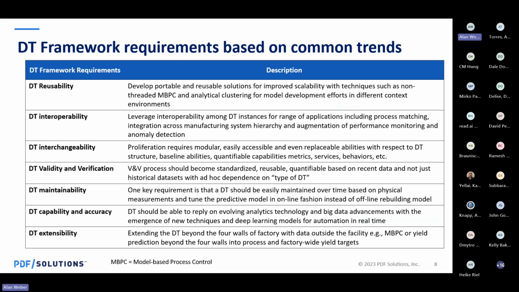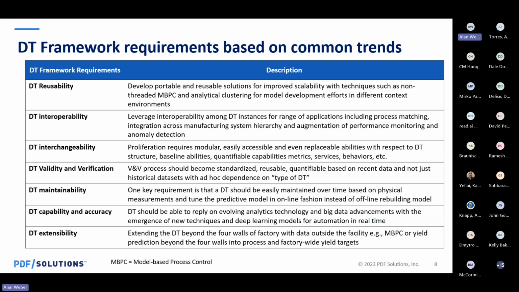So being able to have portable and reusable solutions is key. Interoperability, I'll talk a lot more about later in the standardization process. Again, interchangeability and making sure that this is architected in a way that digital twin boundaries are understood and respected so that it can be a plug and play sort of environment. The maintainability is key, and what I mean by that is having the digital twin models evolve incrementally as manufacturing data is collected so that they stay a true reflection of the physical world.